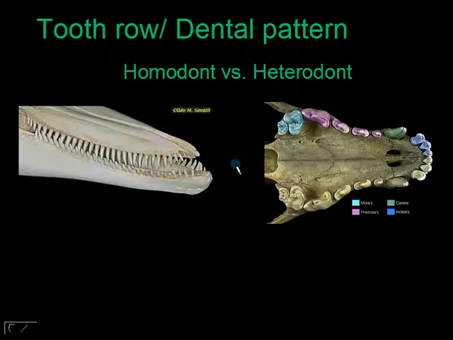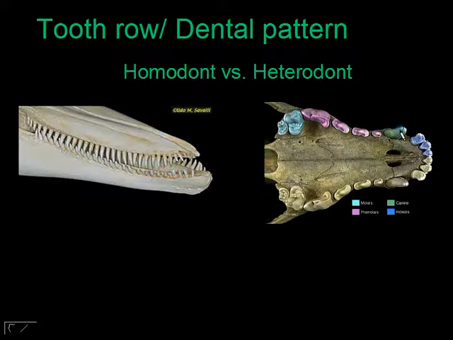Now for the tooth row or the dental pattern, you can be a homodont, in which the teeth along the tooth row appear very similar. Or you can be a heterodont, in which the teeth along your tooth row appear different, at least in sets.